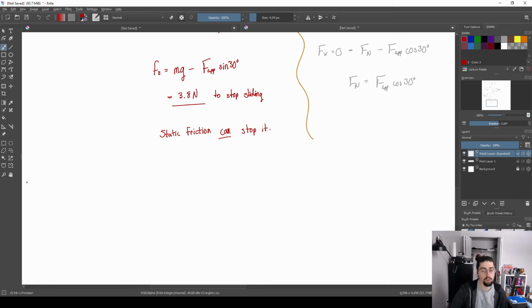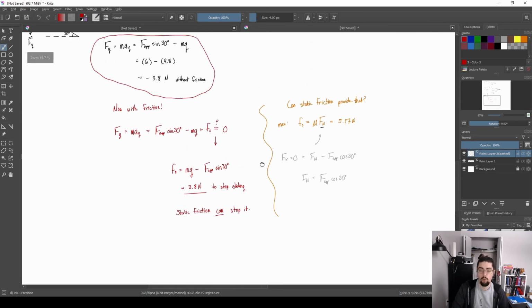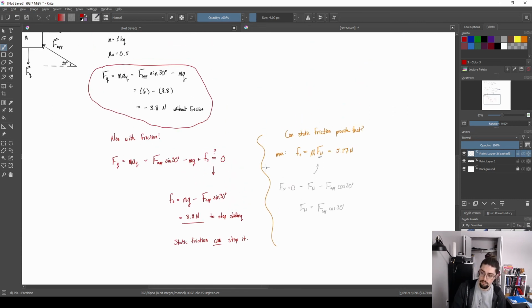The difference between the two forces is not enough to overcome static friction. As for what's going on in orange, we're basically saying, hey, we need 3.8 newtons from static friction to make sure that we can stop this thing. Then we go over to the orange section and ask, can static friction actually do that? What is the maximum amount that static friction could provide?